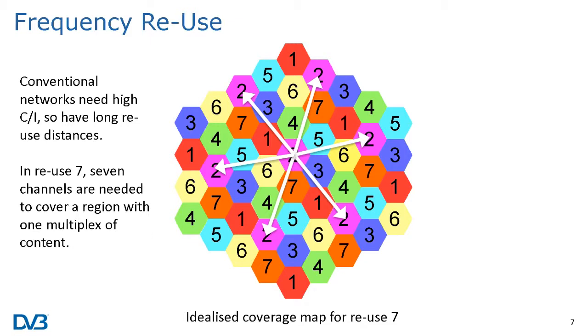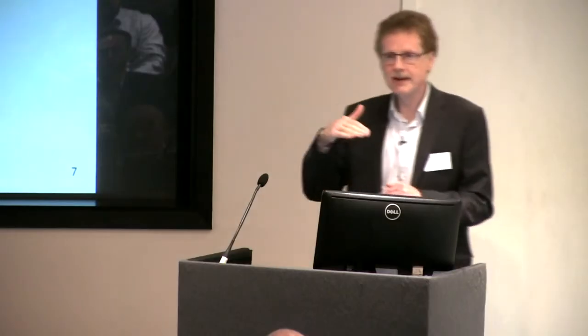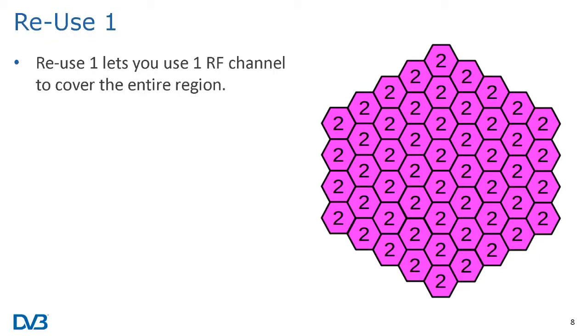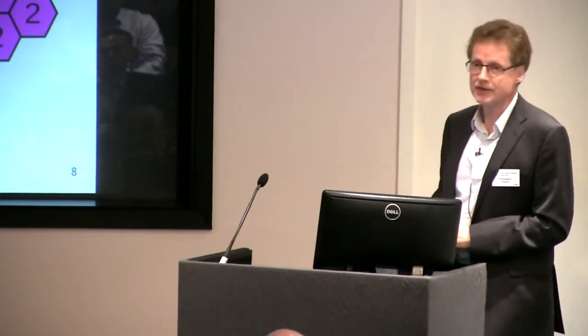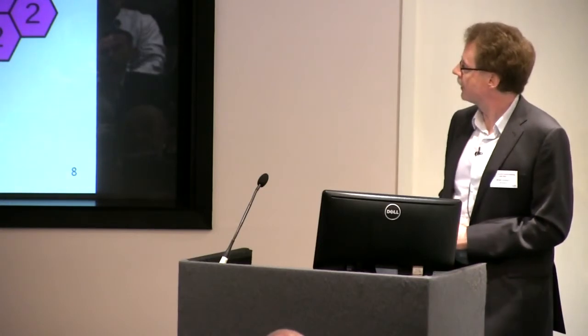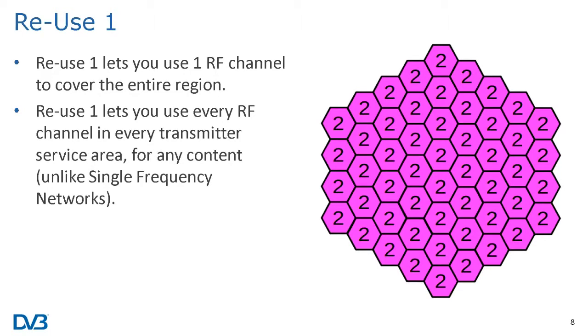Now with WiB, what we're going to do is go to the other end of the scale, as it were, in terms of the ruggedness of the signals. And now, reuse 1 is what we're looking for, because reuse 1 lets you use one RF channel right across the entire region. And because the channels are quite rugged, the interference level that you get from the adjacent area means you're perhaps looking at a carrier to interference ratio requirement of maybe 4 or 5 dB.